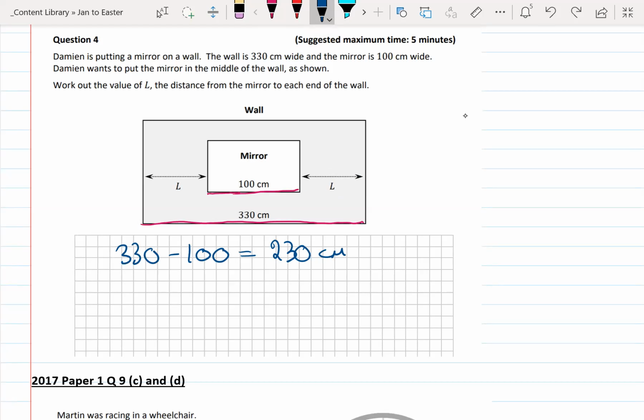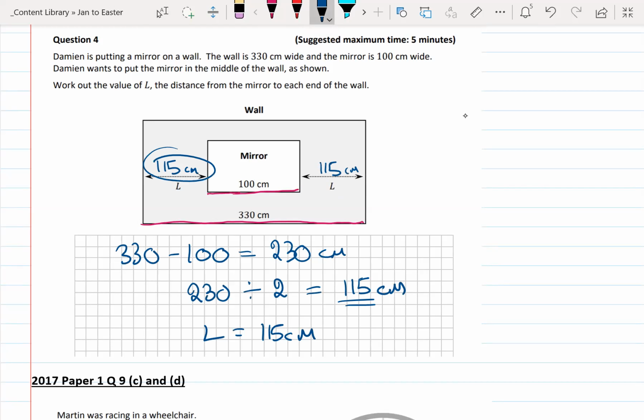So from the middle, 115 centimeters each side. Okay, 115, 115. You can do a quick check if you wanted. You could add the 115 on this side, 115, then the 100, and then this 115. And when you add those all up, you do get 330.